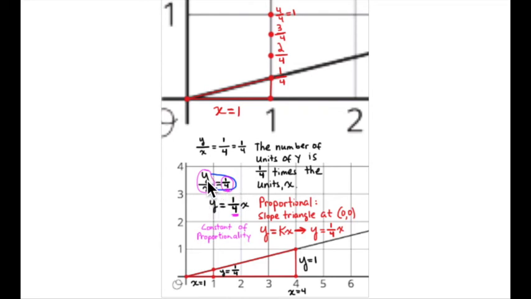That means that y is 1/4 the value of x. So the number of units of y, which is right here, is 1. That's 1/4 the number of units of x, which is 4. Well, 1/4 of 4 is 1.